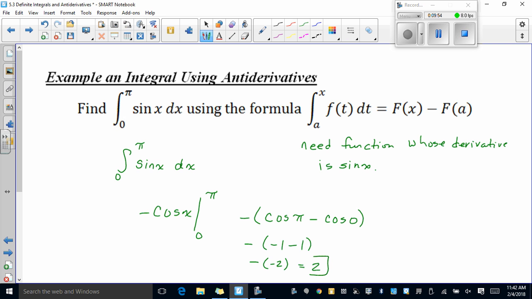Okay, so let's try another one. I want the integral from 1 to e of 1 over x dx. The antiderivative for 1 over x is just the natural log of x, evaluated from 1 to e.